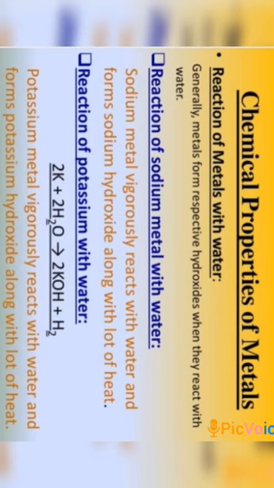Now this sodium and potassium can react with water and they form sodium hydroxide or potassium hydroxide along with the production of hydrogen gas.